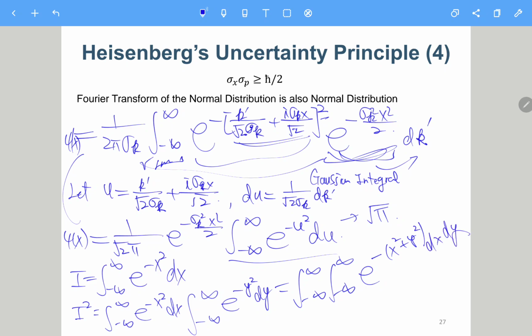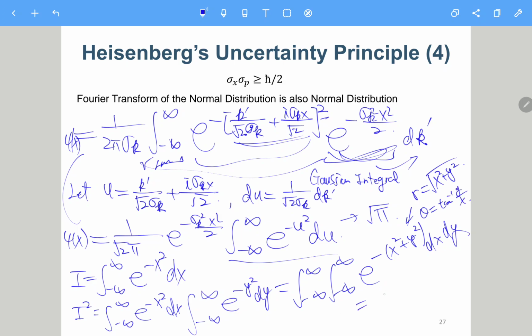And then you can use a change of variable, changing the Cartesian coordinates to polar coordinates, which is like r equals square root of x squared plus y squared, and theta equals arctangent of y over x.